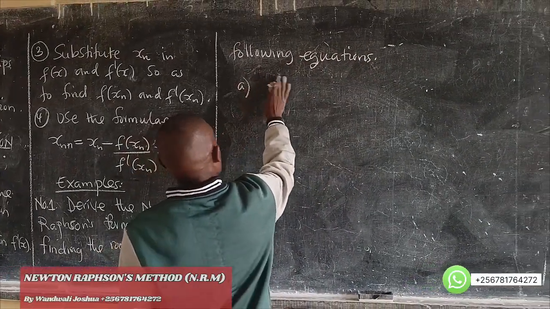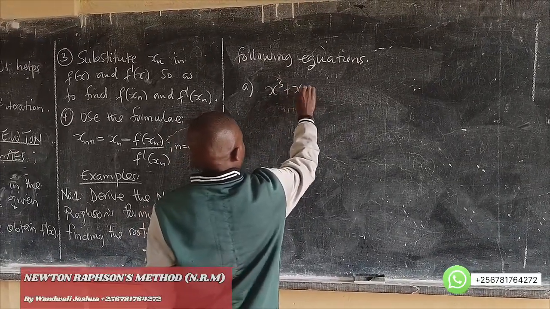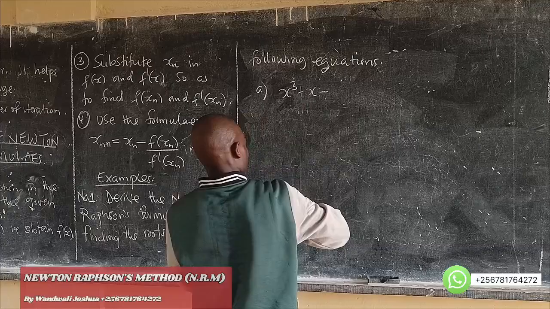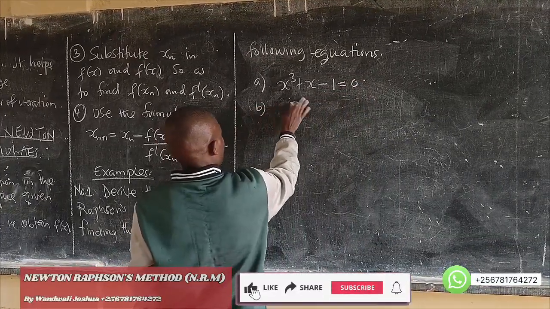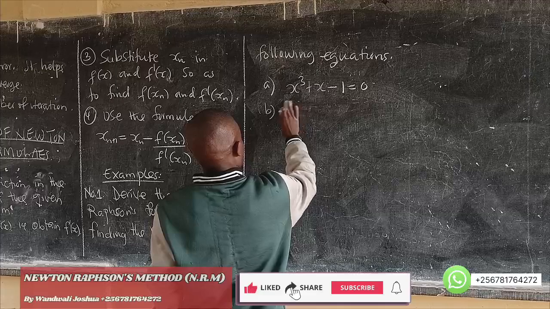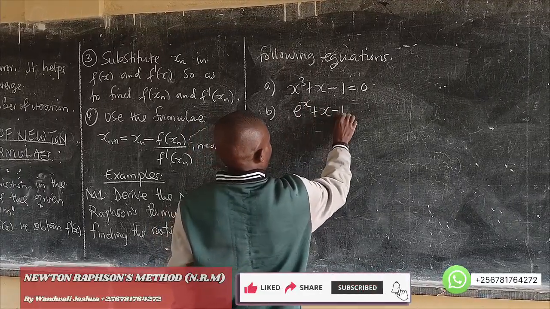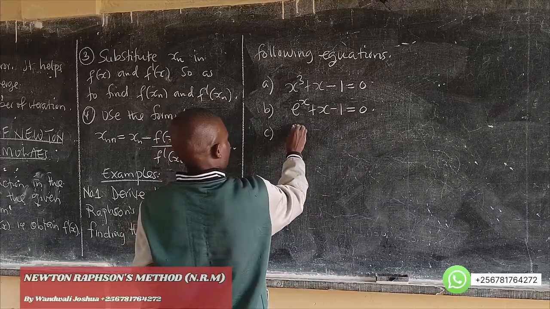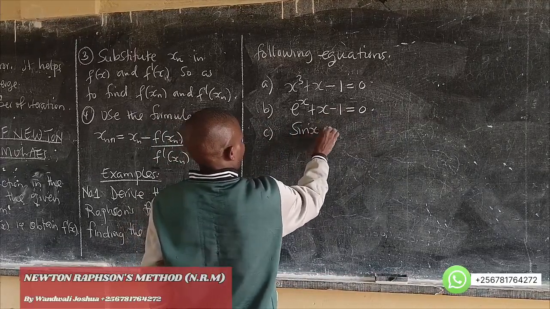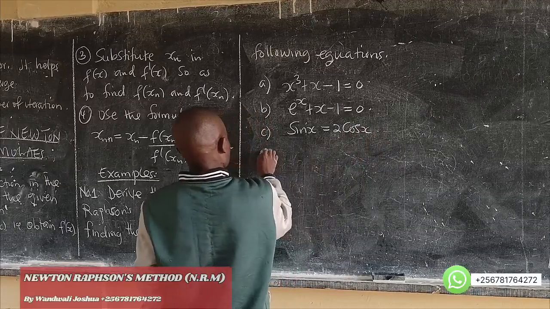Part A, x cubed plus x minus 1 is equal to 0. Part B, e to the power x plus x minus 1 equals 0. Part C, sine of x is equal to 2 cos of x.